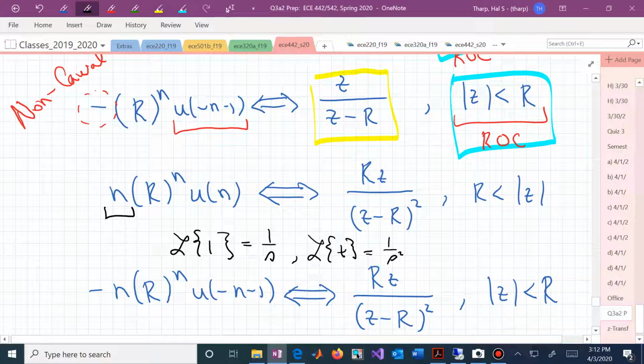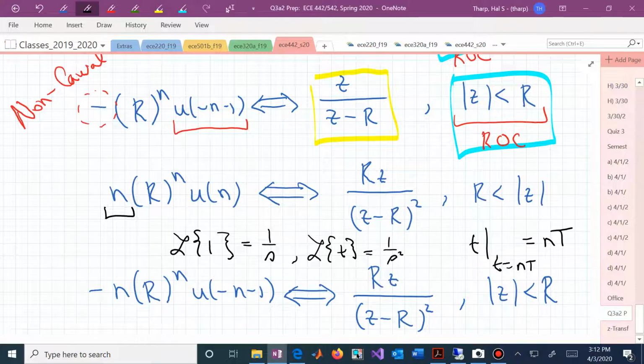If you sampled that t, you now have this scaling factor of n, which is similar to the scaling factor of t in the time domain when you're going into the discrete setting.